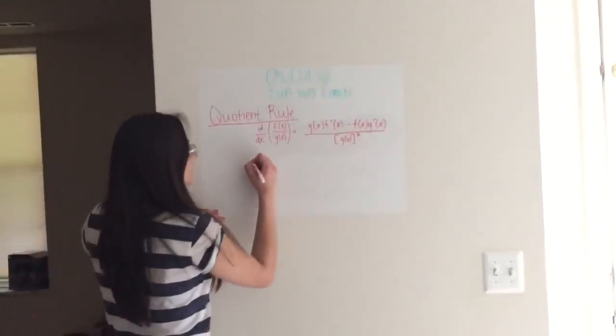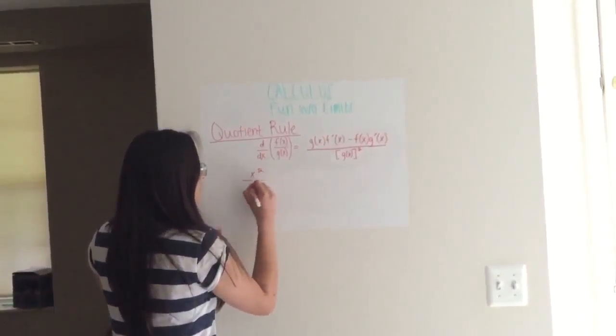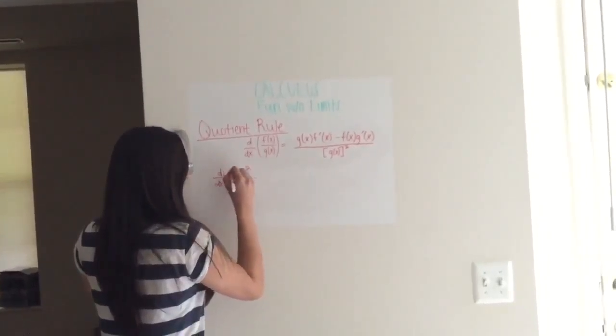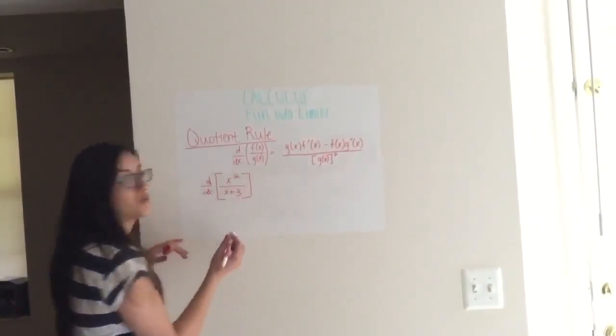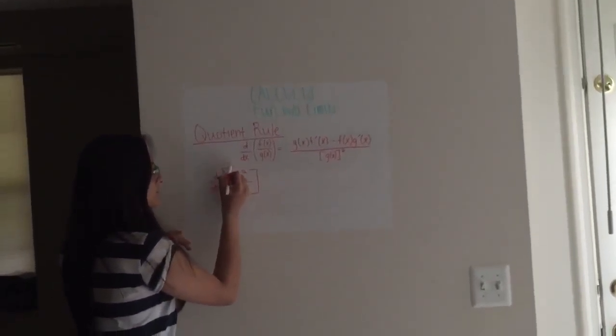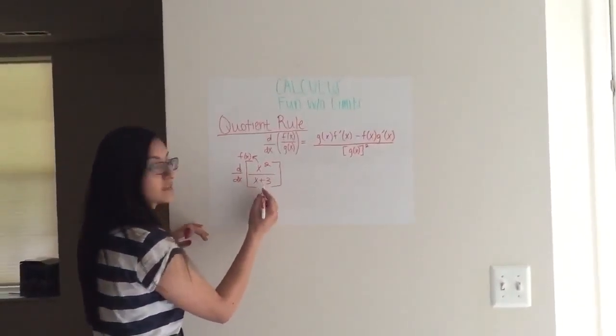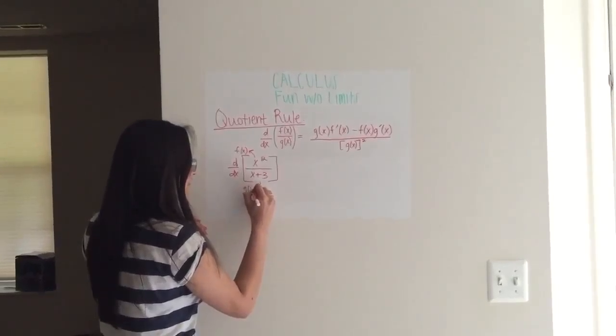So, for example, if we had x squared over x plus 3, and you were taking a derivative of this function, you would treat the top, x squared, as your f of x, and the bottom, x plus 3, as your g of x.